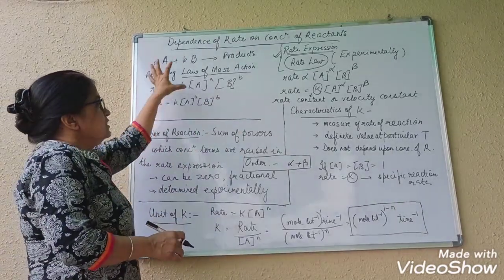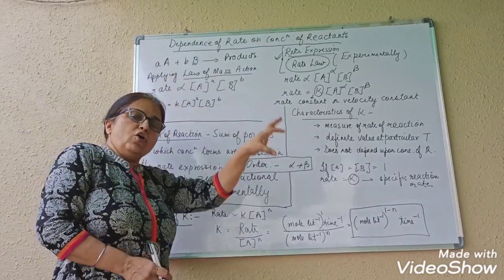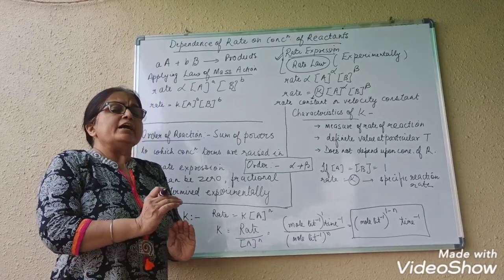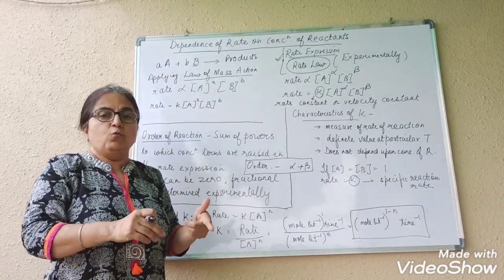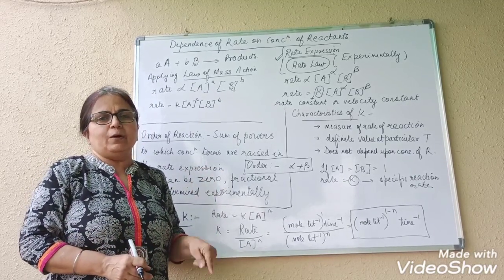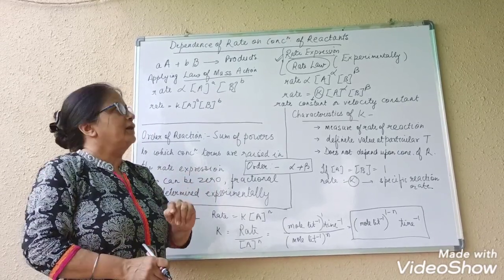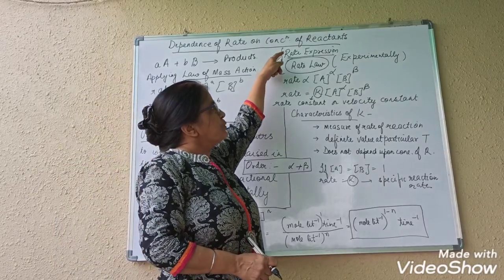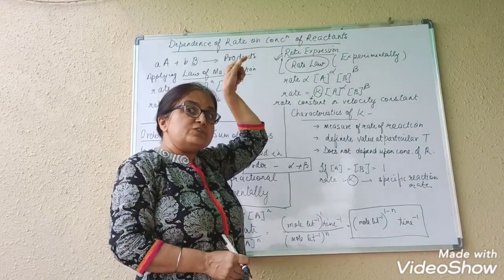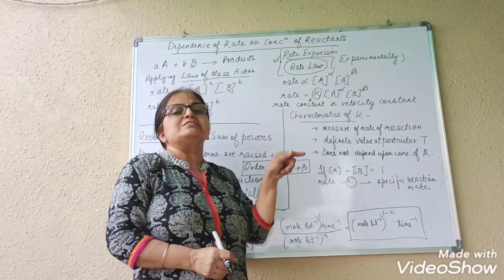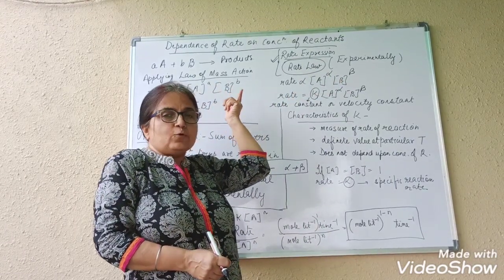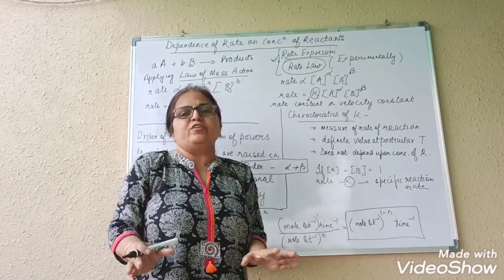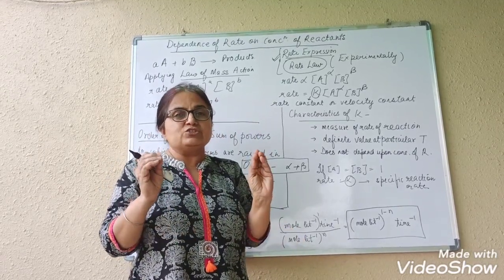Now, this was according to the law of mass action. There is a slight difference in the rate expression, or the rate law, which we will be talking about in this chapter, chemical kinetics. The rate expression or rate law which we will write now is derived experimentally. It is not as per the coefficients. That is the main difference between the two. Please mind it, children.